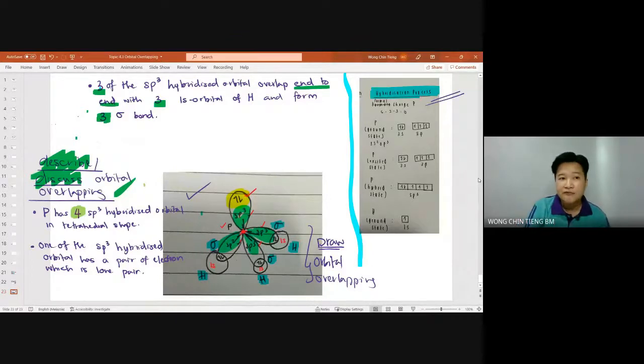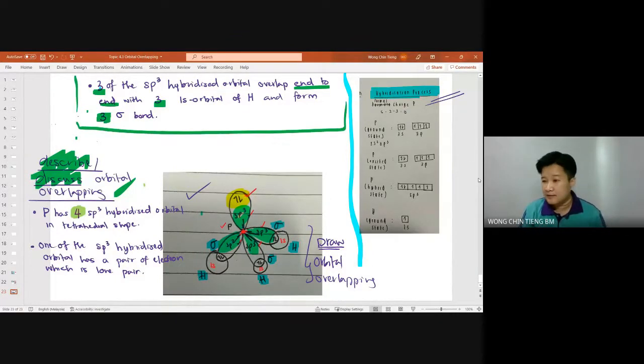Dan ayat ini, format ayat ini takkan ubah sayang. Sentiasa start dengan siapa, overlap macam mana, dengan siapa, hasilkan apa. Lupa tadi, hasilkan apa. Okay. Dan kalau dia adalah benda yang sama, semua ni sigma, orang yang sama, buat sekali je. Tak payah tulis 3 ayat.